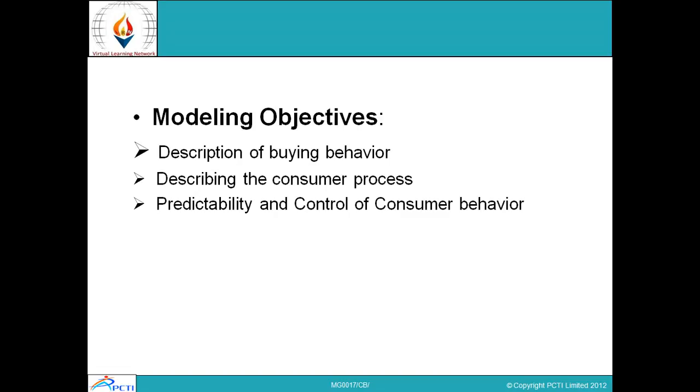Under describing the consumer process, this helps us in linking various constructs and providing direction to the linkages within the model of consumer behavior. These linkages are quantified, and marketers get even stronger handles to design the input mix for achieving the relevant consumer state.